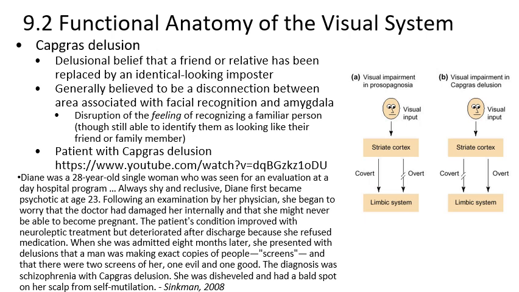Capgras delusion is another phenomenon that's associated with the face area. Capgras was a scientist who noticed this sort of theme of delusions in certain people, and these were not necessarily people with schizophrenia or delusional disorder. Sometimes this resulted from a brain injury or developmental issue.